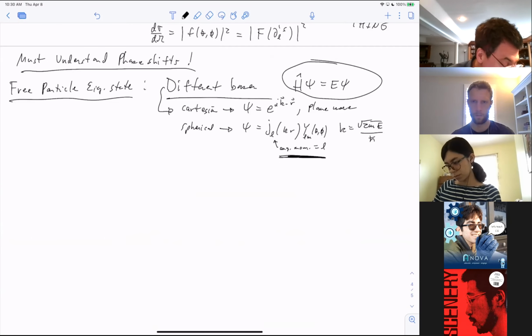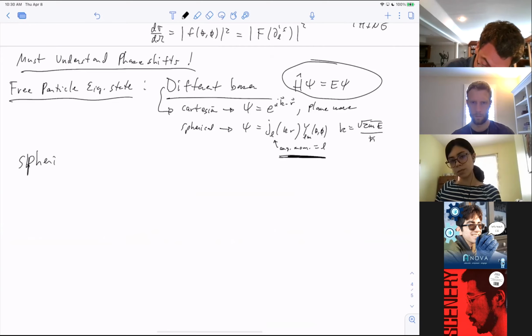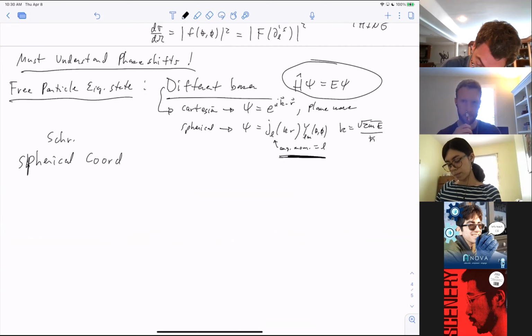Let's consider the spherical case, because you did this last semester, but you're probably a little rusty on it. Let's solve the Schrodinger equation in spherical coordinates.